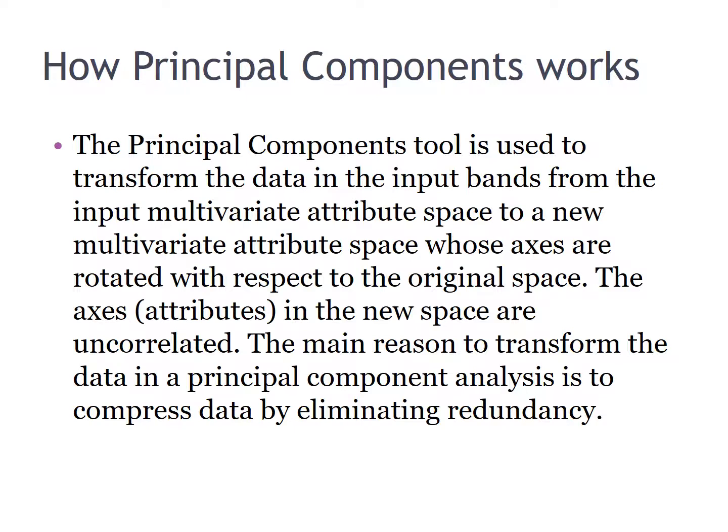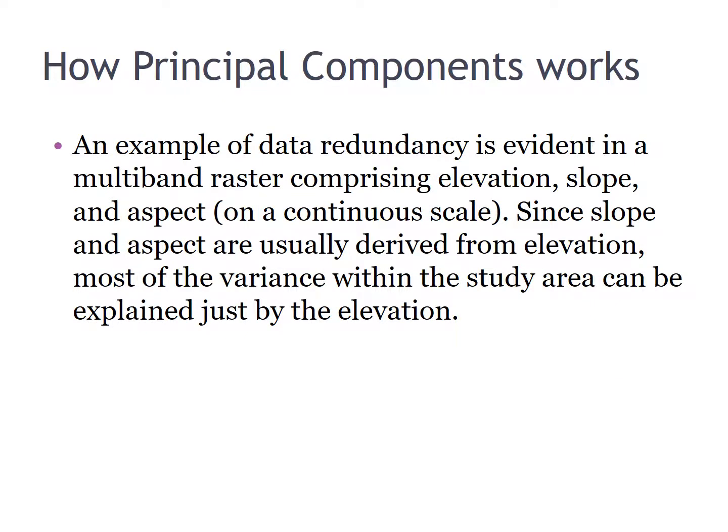Each component explains as much of the variability as it can, and then the remaining variability can be assessed to determine if there is something that will explain that variability on its own. That's more or less how it works. An example of data redundancy is evident in a multiband raster comprising elevation, slope, and aspect on a continuous scale.